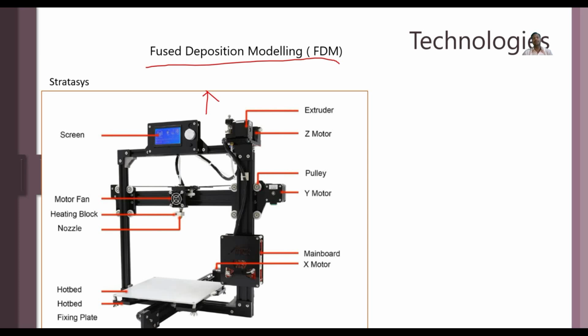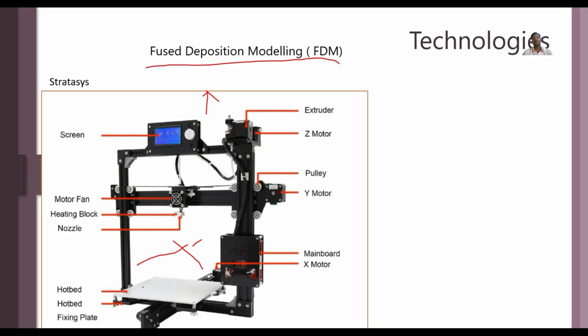We have pulleys, and these pulleys will guide the X direction, and the Y motor will allow the nozzle to give guidance in the Y direction, and the main board will have the power and control everything. The X motor will allow us to move the object in the X direction.